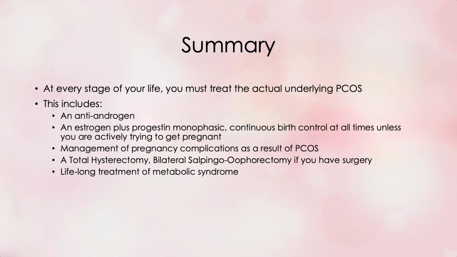At every stage of your life, you must treat the actual underlying PCOS. This includes an anti-androgen, an estrogen plus progestin monophasic continuous birth control at all times unless you are actively trying to get pregnant, management of pregnancy complications as a result of PCOS, a total hysterectomy, bilateral salpingo-oophorectomy if you have any surgery, and lifelong treatment of metabolic syndrome.